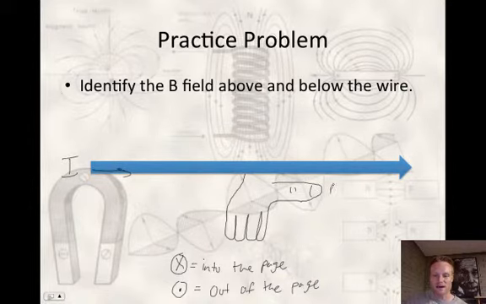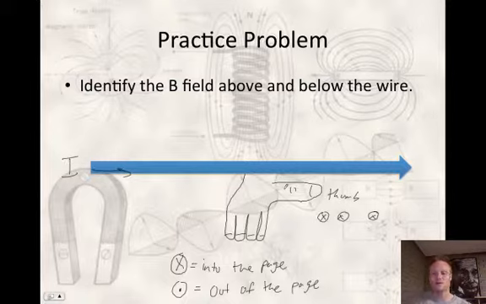Okay, so my thumb is right here, pointing from left to right on this line, and here are my fingernails. What direction are my finger pads pointing right now? They would be pointing into the page. And so the B field on the bottom part of this wire would be into the page.